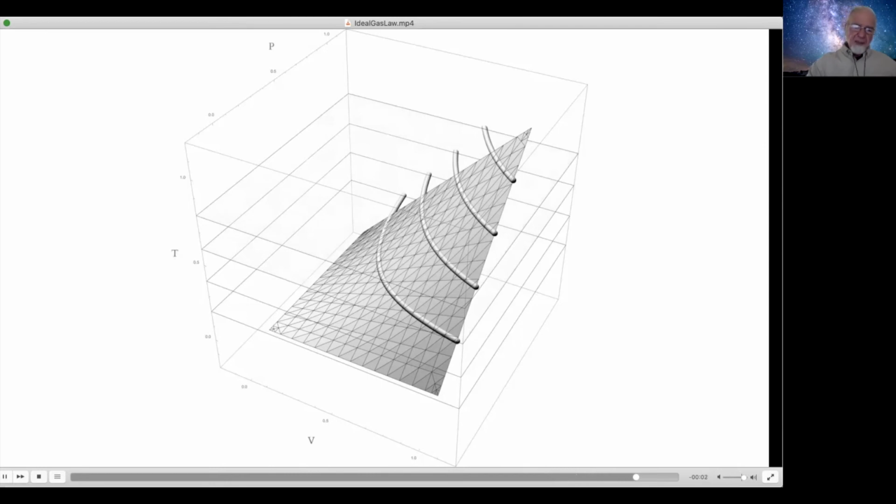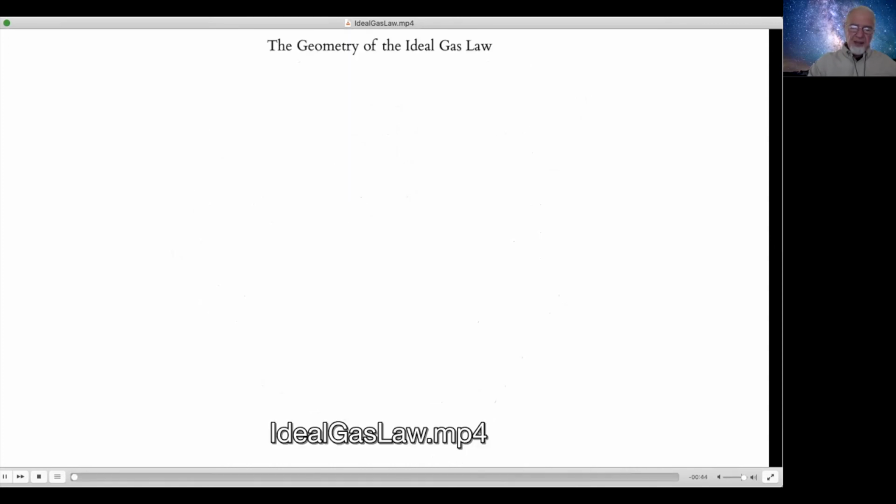Now, a PV plane would be the one down at the bottom here. You can project this down in each of the planes, and that's what I'm going to show in the next set of slides.